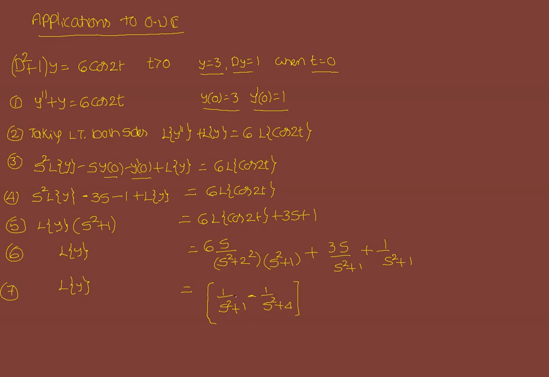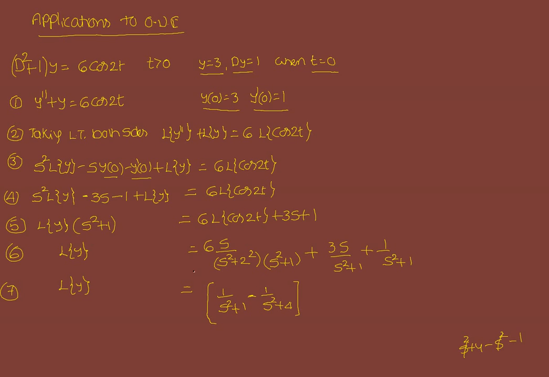Therefore what happens, (s² + 4) minus (s² + 1). So here I am doing s² + 4 minus s² minus 1. The s² will get cancelled, and 4 minus 1, 3 you are left with.